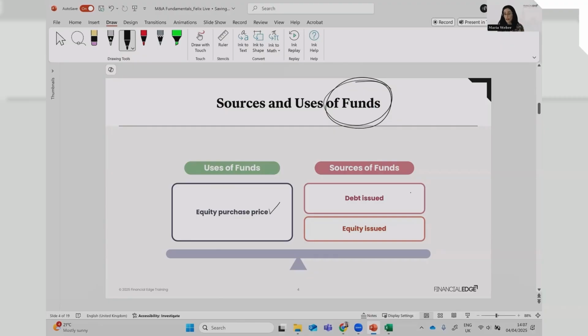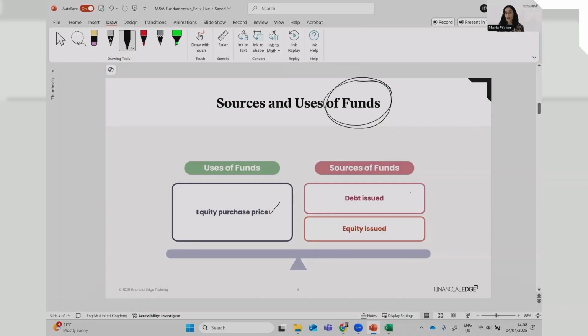Now, we're assuming here that you're buying the shares of the company. Acquisitions can also be structured where you buy the assets and liabilities. Say, for example, you're buying just a division of a bigger company, you buy the assets and liabilities. We're not going to get into those complications now. We're buying the shares, so I need the price I'm going to pay to the target's shareholders. That's the funding that I need.